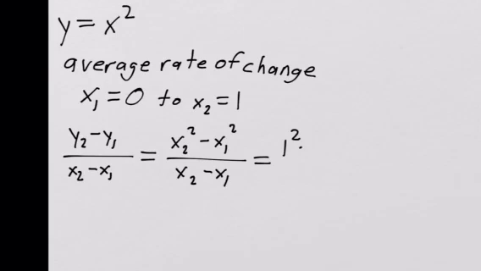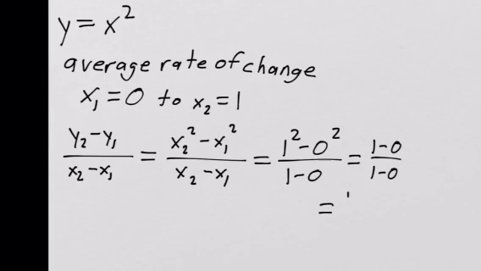So 1 squared minus 0 squared, over 1 minus 0, which equals 1 minus 0 over 1 minus 0, or 1 over 1, which equals 1.